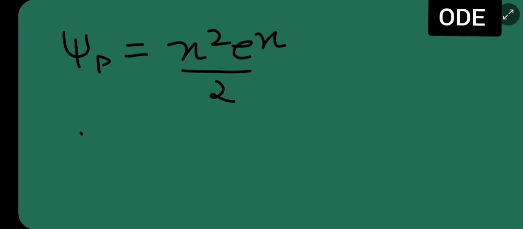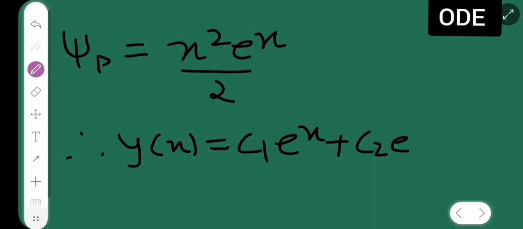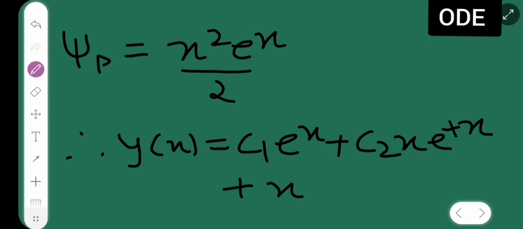Therefore in the first general equation we wrote like this, y of x is equal to c1 e raised to power of x plus c2 x e raised to power of x, plus whatever you got, psi of b, x square e raised to power of x upon 2.